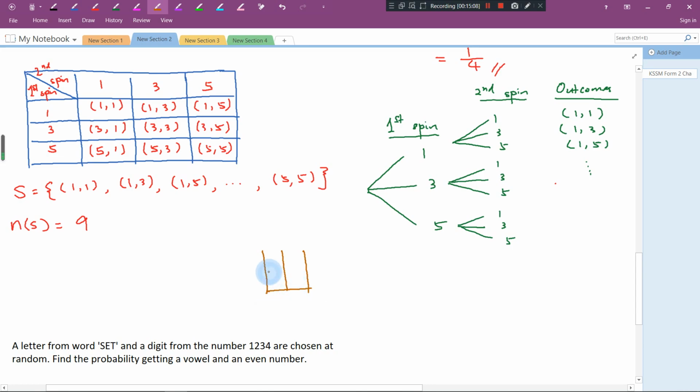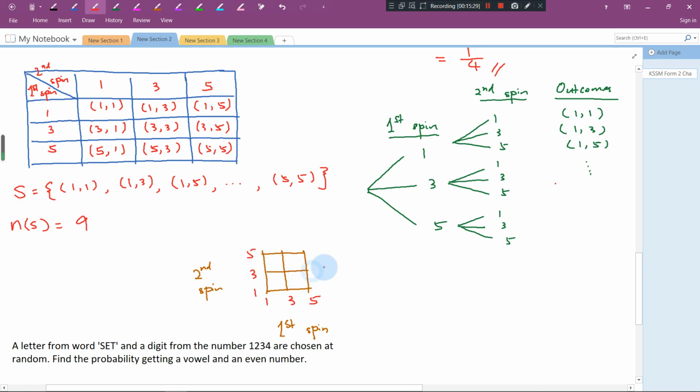Draw 3 lines, but this time horizontal, 3 horizontal lines. So this is for the first spin, and this is for the second spin. So we have 1, we have 3, we have 5. Second spin also the same thing, 1, 3, and 5.